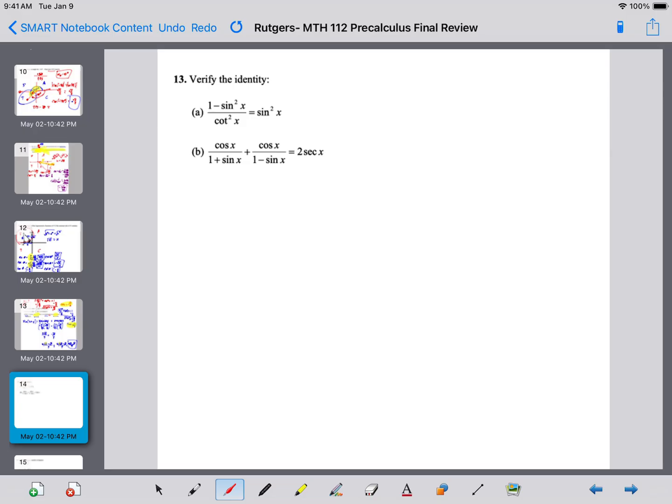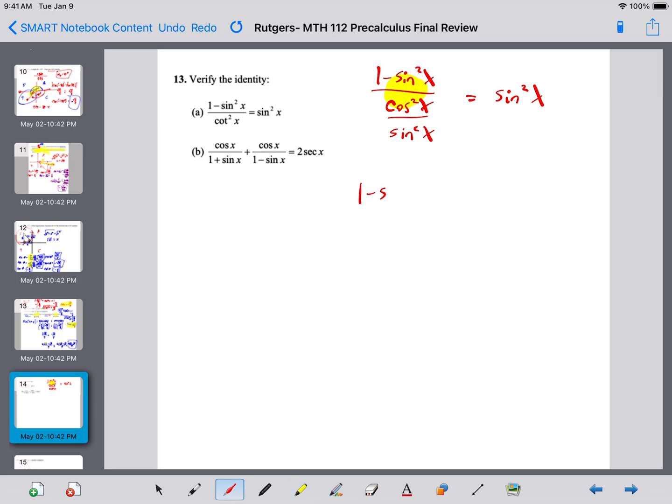I would always recommend working the left and right sides separately. So 1 minus sine squared of x over cotangent squared of x is the same as saying cosine squared of x over sine squared of x equals sine squared of x. Now you're dividing fractions. So you're going to do keep, change, flip.